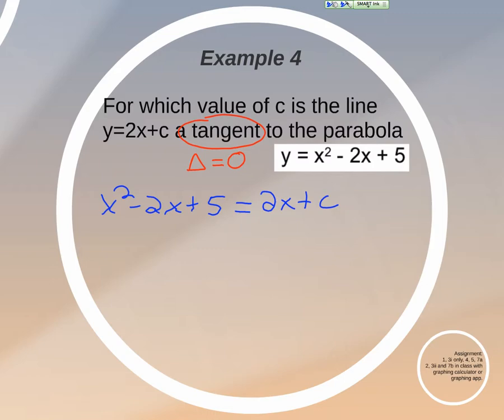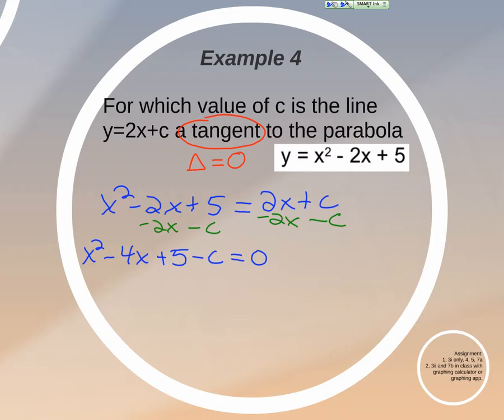Now it looks a little weird. So we've got to minus the 2x, and we minus c. It's going to look a little bit strange, but we will have x squared minus 4x plus 5 minus c equals 0.